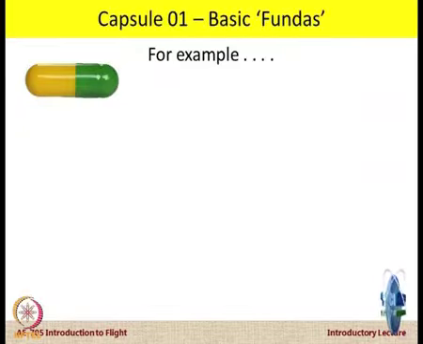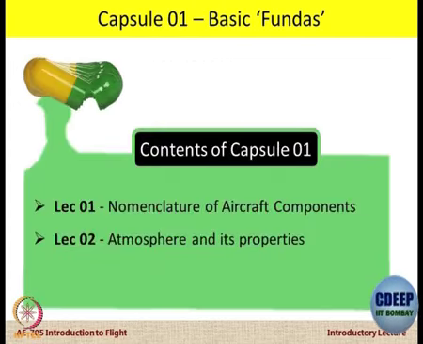Okay, so let's see what are the constituents of each capsule. For example, the first capsule consists of 2 lectures. The first one will introduce you to various components of an aircraft. The second one will talk about atmosphere and the properties of atmosphere.